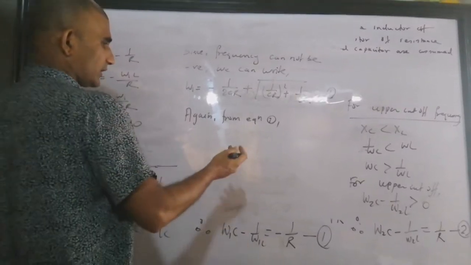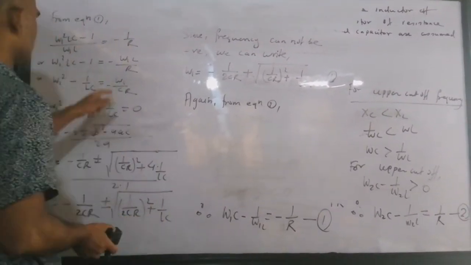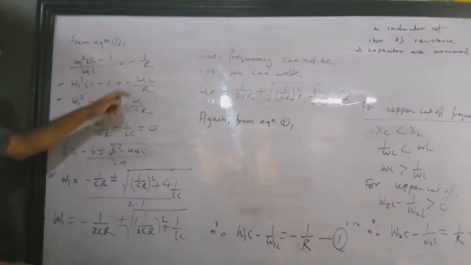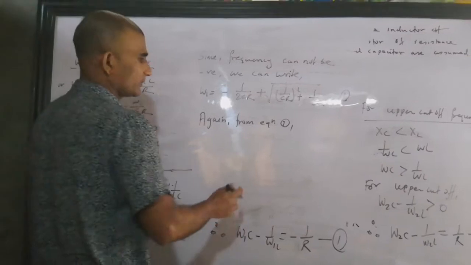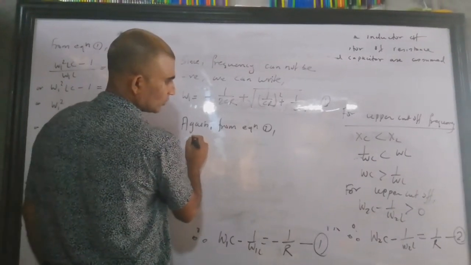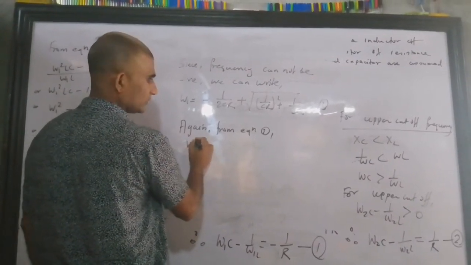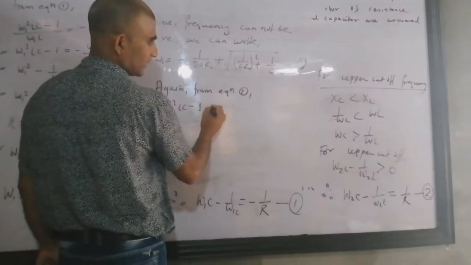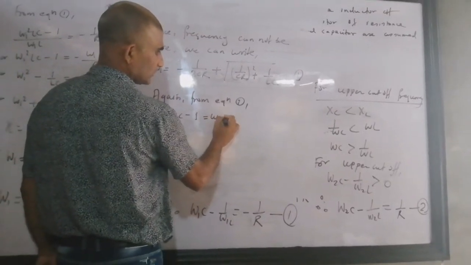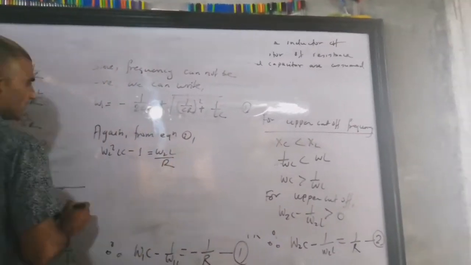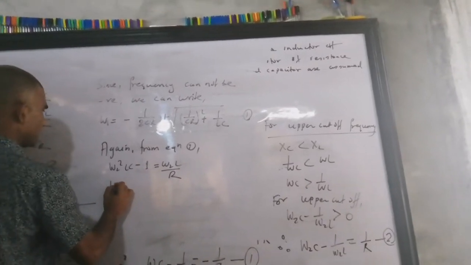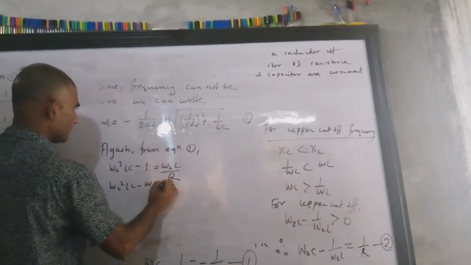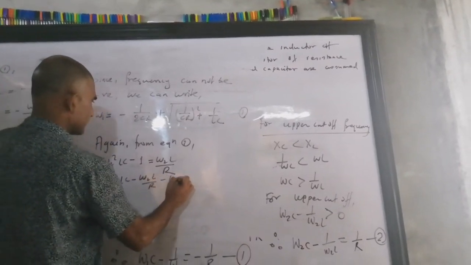Everything is alike, nothing is different, only the sign is different, this sign is only our plus. So we have to go through the same process. Let me write this: omega^2 a^2 LC minus 1 equals omega^2 L upon R, and I bring this side, so omega^2 a^2 LC minus omega^2 L upon R minus 1 equals 0.